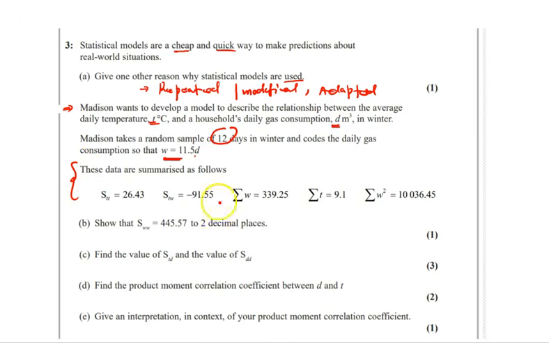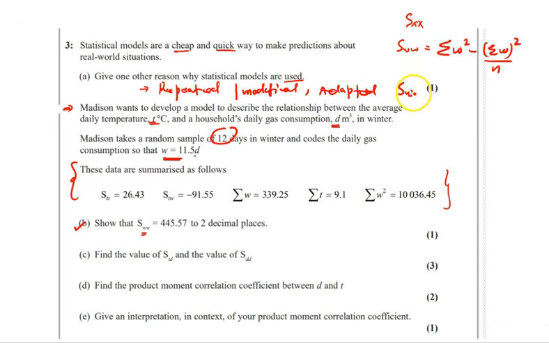Then we have the summary statistics over here, what he calculated. Question B is asking us to find the SWW. Now, the formula for SWW is in the formula booklet. If you check SXX, by now you have W, so SWW is equal to the summation of W squared minus the summation of W all squared divided by N, the number of sample units.